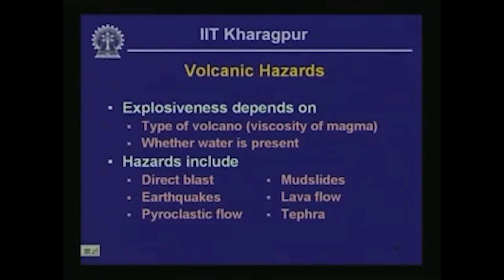There could be very large grain sizes, which are called bombs, to very fine material which is called volcanic ash. Volcanic ash could be as small as clay-sized particles, whereas bombs could be as large as boulders. So that takes care of the definitions.